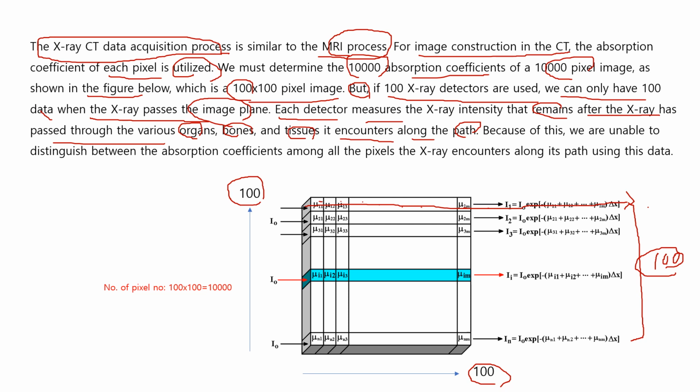So if the intensity of incident X-ray is I0, then the detector here measures the X-ray intensity I0 times exponential of the pixel coefficients mu11, mu12, mu13, up to mu1m.